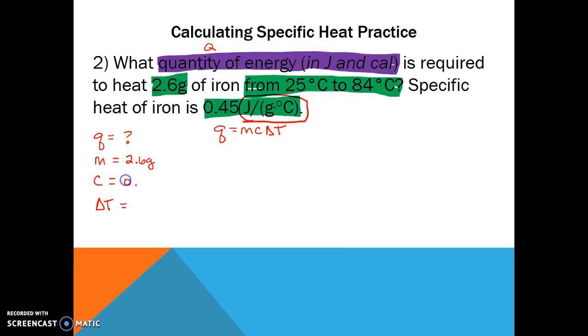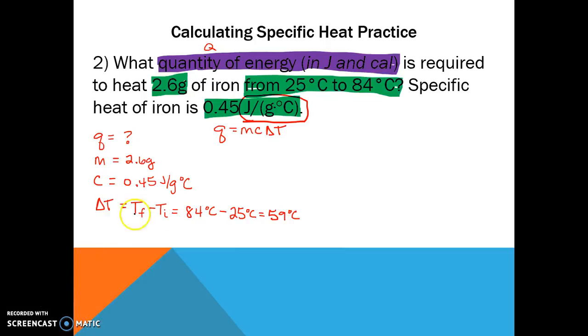So 0.45 joules per gram degree Celsius. And delta T is from 25 to 84. So T final minus T initial equals where I end up to minus where I came from. And that is 84 minus 25 equals 59 degrees Celsius.